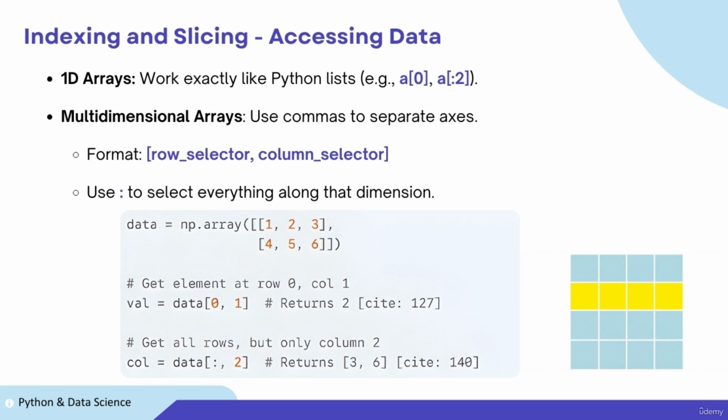If I want the item in the first row and second column, I type data square bracket 0, comma 1. If I want to grab an entire column, I use the colon operator. Data square bracket colon, comma 2. The colon means select every row, and the 2 means only column 2.